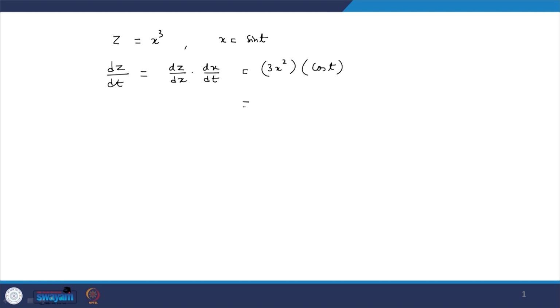And x is sin t, so it is 3 sin square t into cos t. Of course, you can directly substitute x equal to sin t, then z becomes sin cube t, and you can directly differentiate with respect to t to find dz by dt. But I want to illustrate how we can apply the chain rule to this problem.